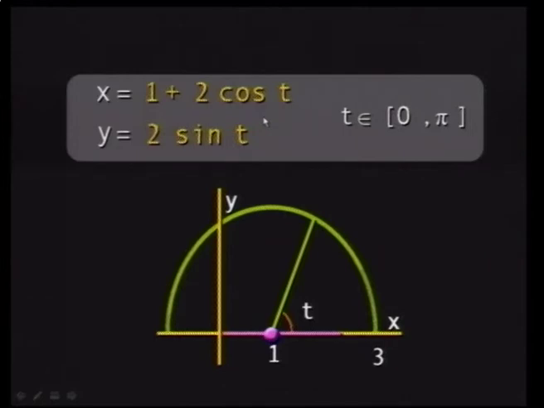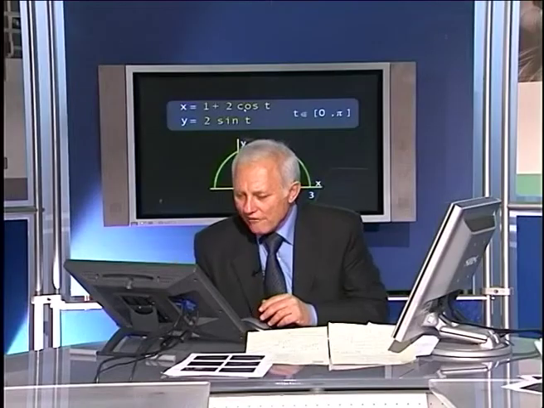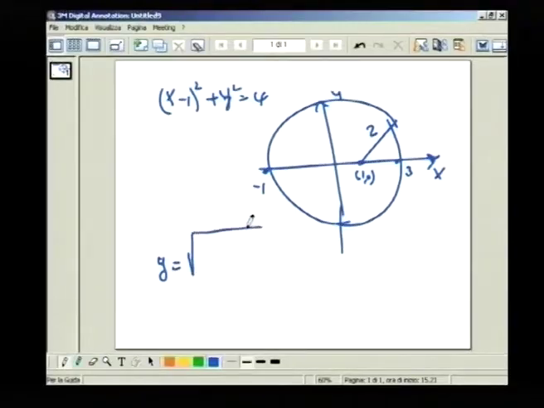You can transform it into a parametric form. How? You can just take, for example, x equal to 1 plus 2 cosine t, and substitute into y, which is the square root of 4 minus (x minus 1) squared.